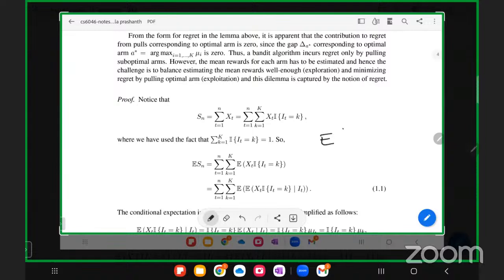So generally, if you have something like expected x, this is nothing but expected value of expected x given y for any y. This is a standard result which says if you want to compute the expected value of some random variable, you can condition on something and then uncondition on it again. So, call this whole thing x, this is y, this is what they've used, right?